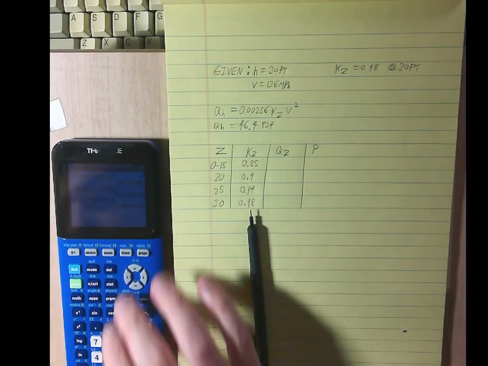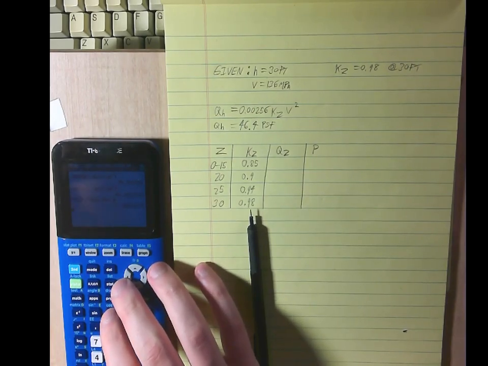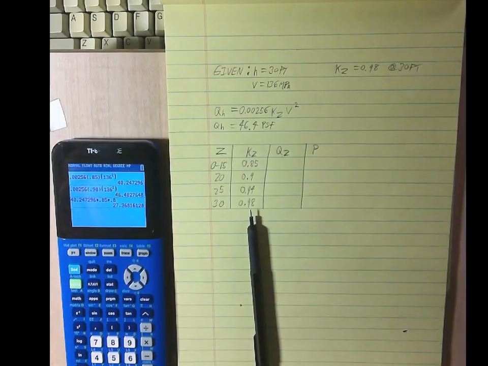But this tells me right here, QZ. The height of 30 feet, KZ is... QZ equation do we do?